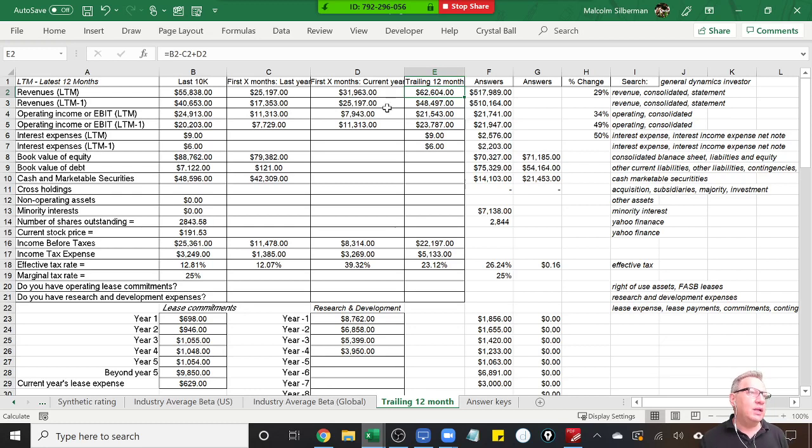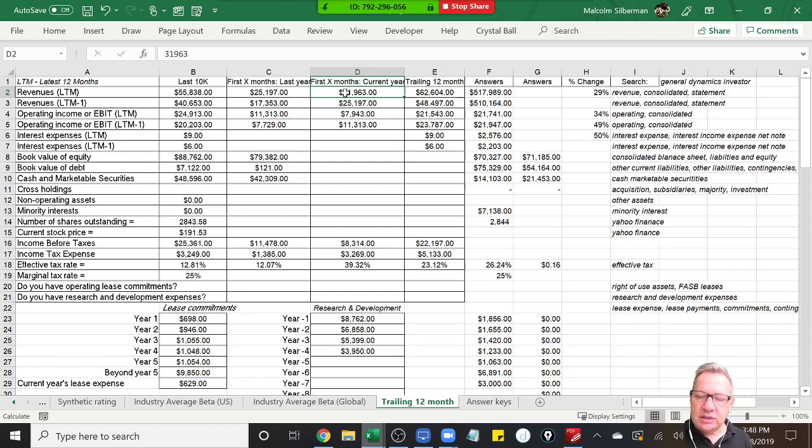The last 10K is the 10K that was issued in January, which is for 12 months. Minus the first 6 months of last year, January till June, plus the first 6 months of this year. Think of it like a rolling calendar.